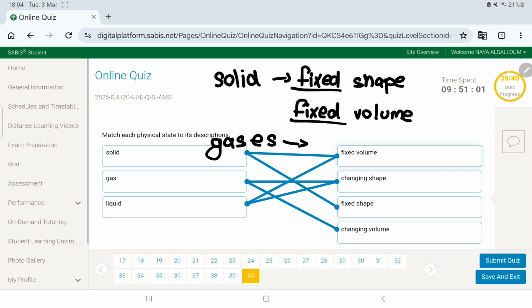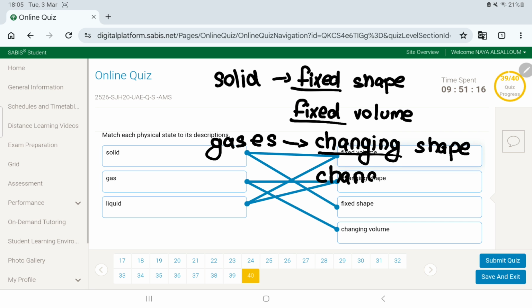By the way, guys, if you want to not get confused in an exam, write it down this way. You'll see why. Changing shape, changing volume. So in gases, they both change. In solids, they're both fixed.